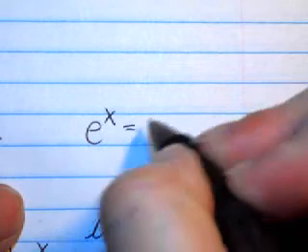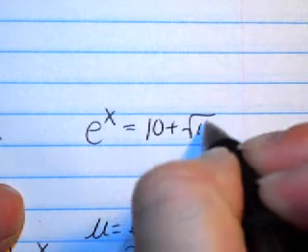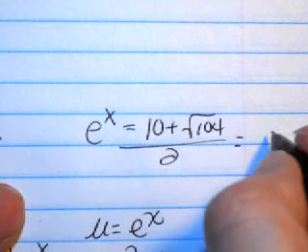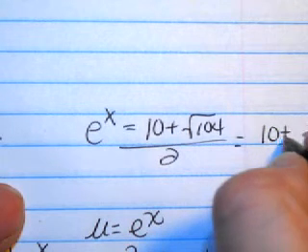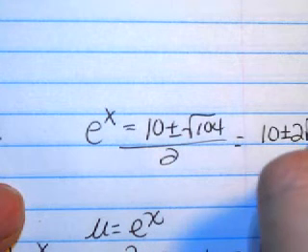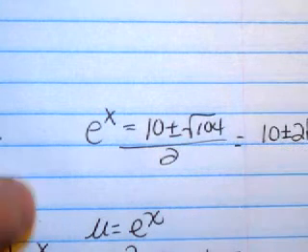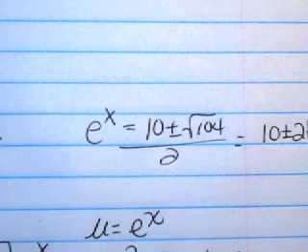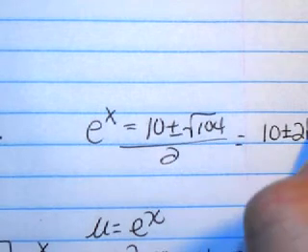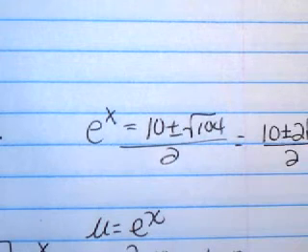I have room. E to the x equals 10 plus or minus the square root of 104 divided by 2, which is going to equal 10 plus or minus 2 times the square root of 26, divided by 2.